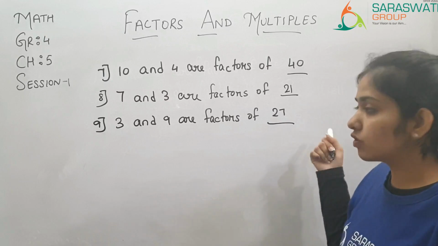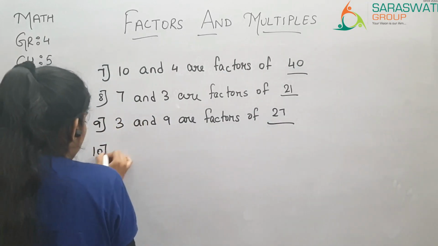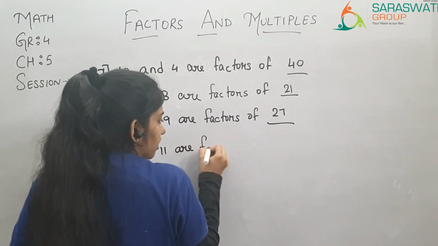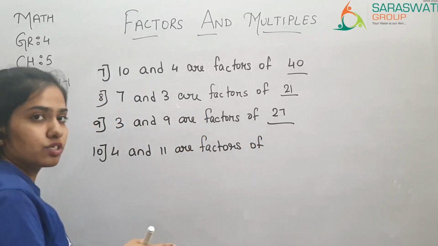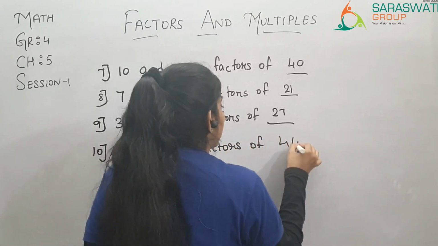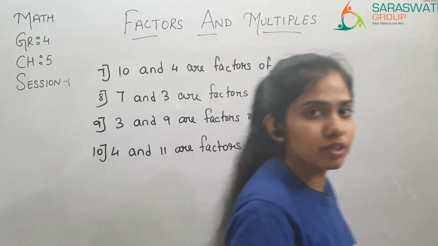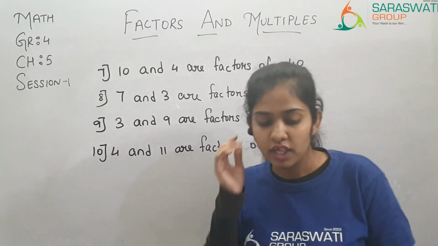They are the factors of 27. And 4 and 11 are factors of 11 fours are 44. So 11 and 4 are the factors of 44. So in this way you are supposed to find out the product.